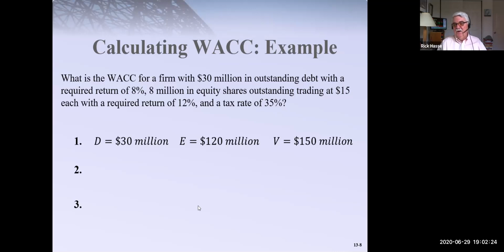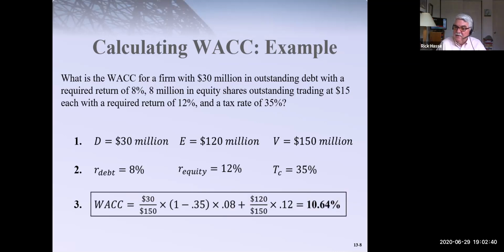So now we have $150 million value. What's next? All right, the debt is 8%, the equity is 12% return, and the tax rate is 35%. All right, now we do our calculation. 30 million is our debt as a percent of 150 million.